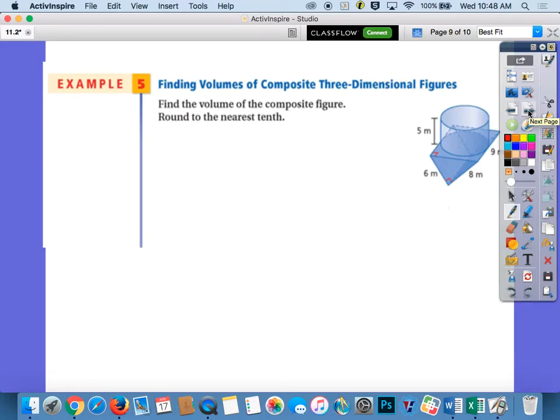And then for these guys, I'm just going to explain this last example. Find the volume of the composite figure. So you're basically just going to find the volume of this one here, find the volume of this one here, and then add them together. So the volume of my prism, of course, is going to be the area of the base times the height. The base here, guys, is your triangle.